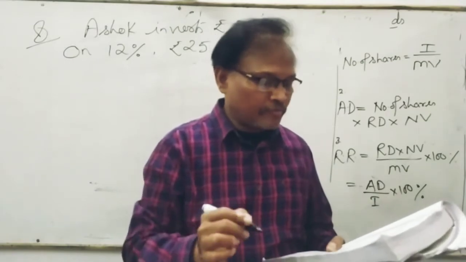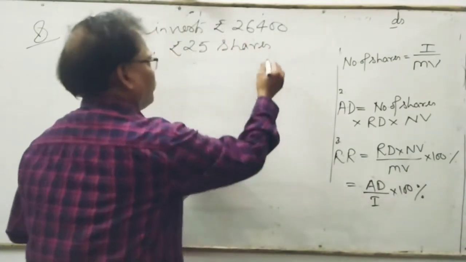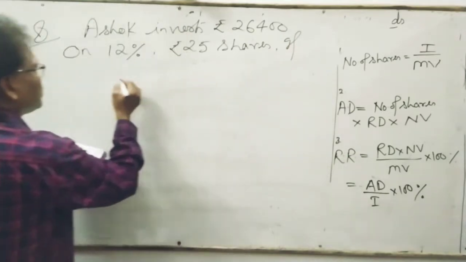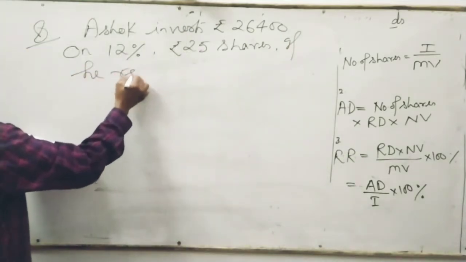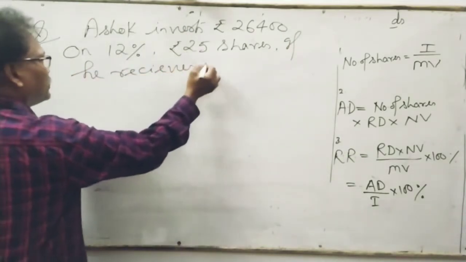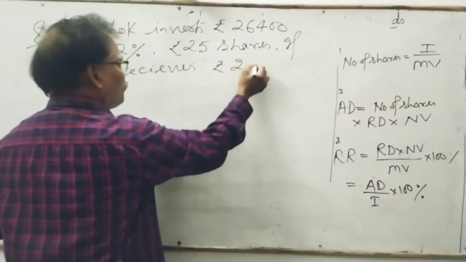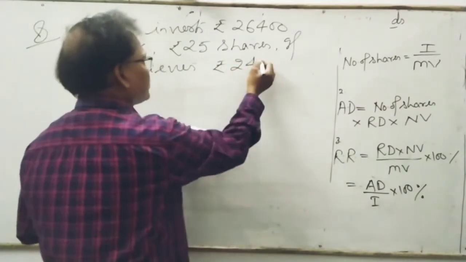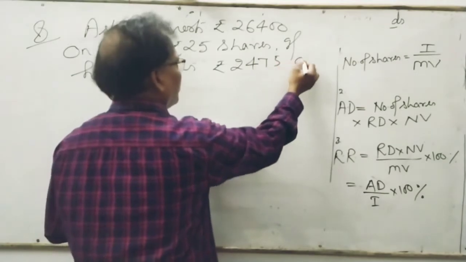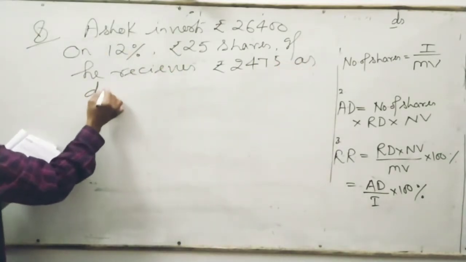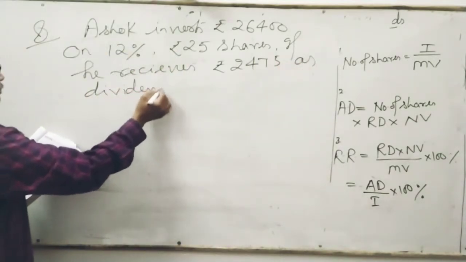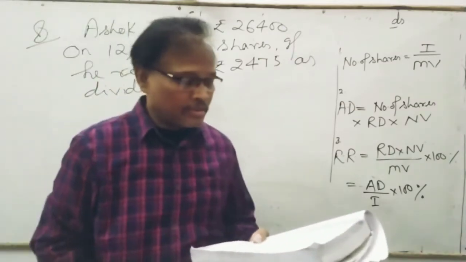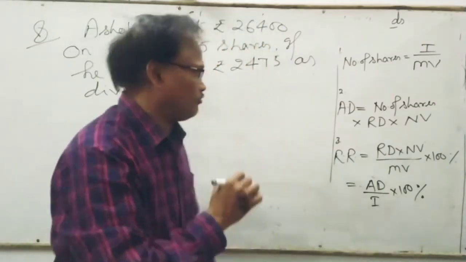If he receives rupees 2475 as dividend, find the number of shares and the market value.